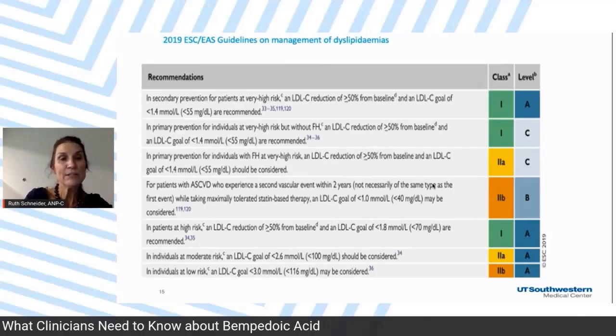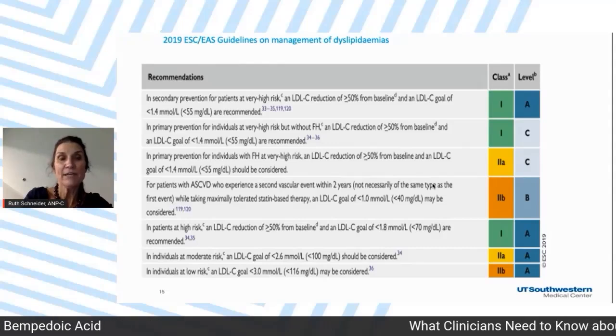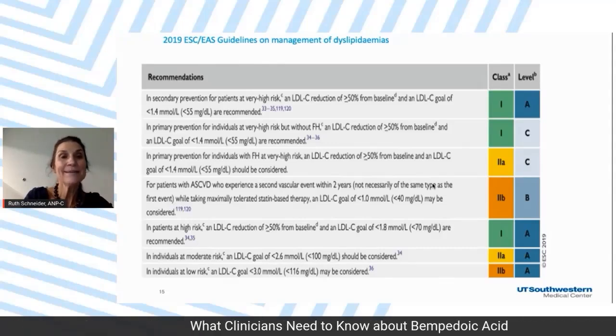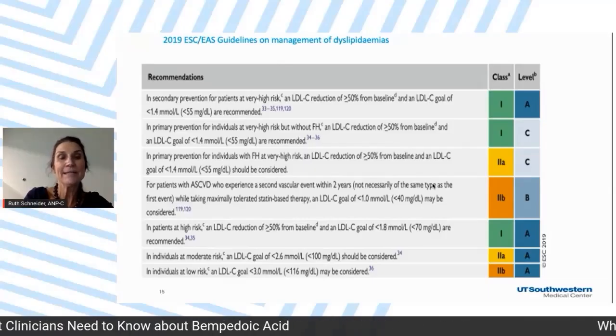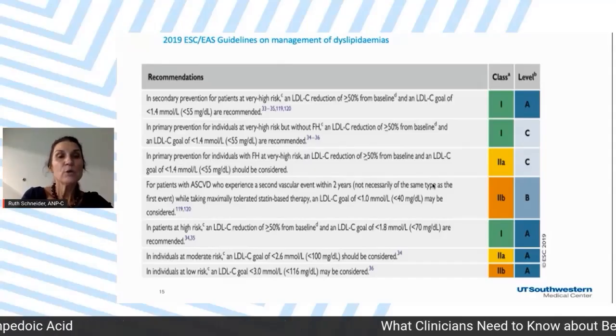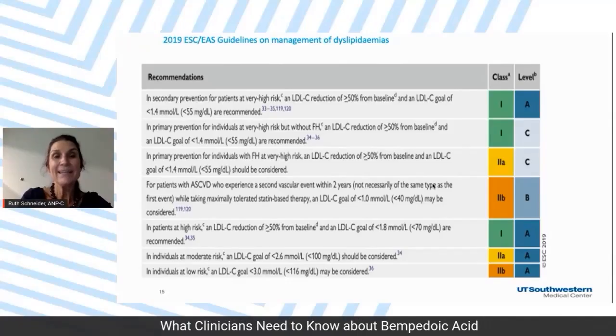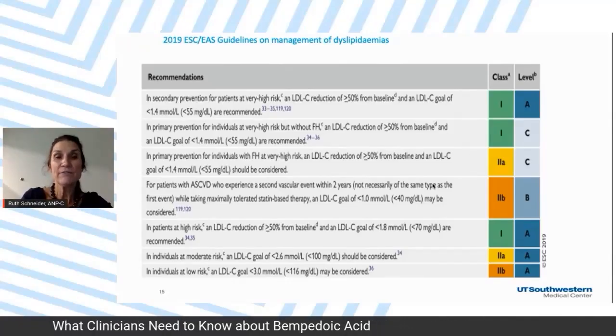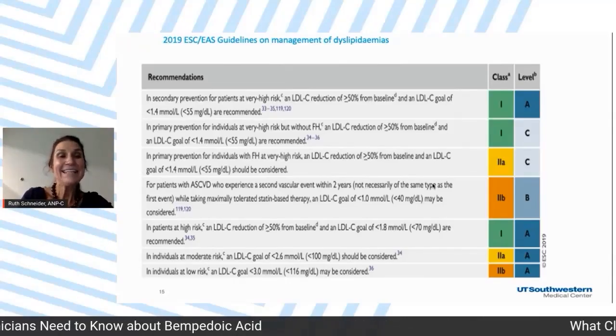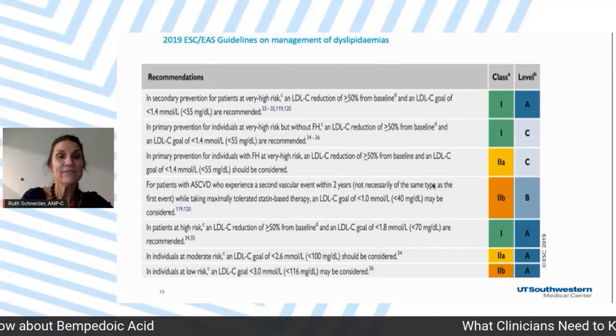In primary prevention for individuals at very high risk, but without FH, an LDL reduction of greater than 50% from baseline, and an LDL goal of less than 55 is recommended, a 1C recommendation. In primary prevention for individuals with FH at very high risk, an LDL reduction of greater than 50% from baseline, and an LDL goal of less than 55 should be considered.